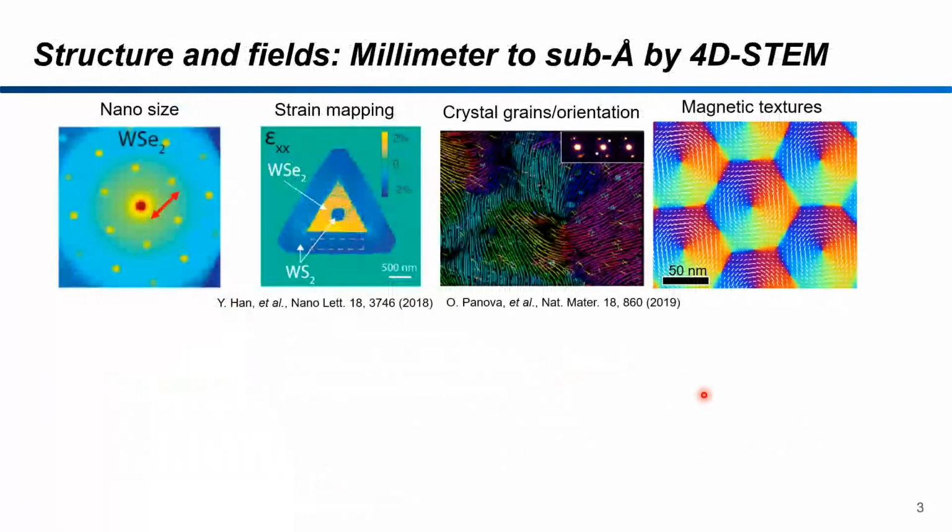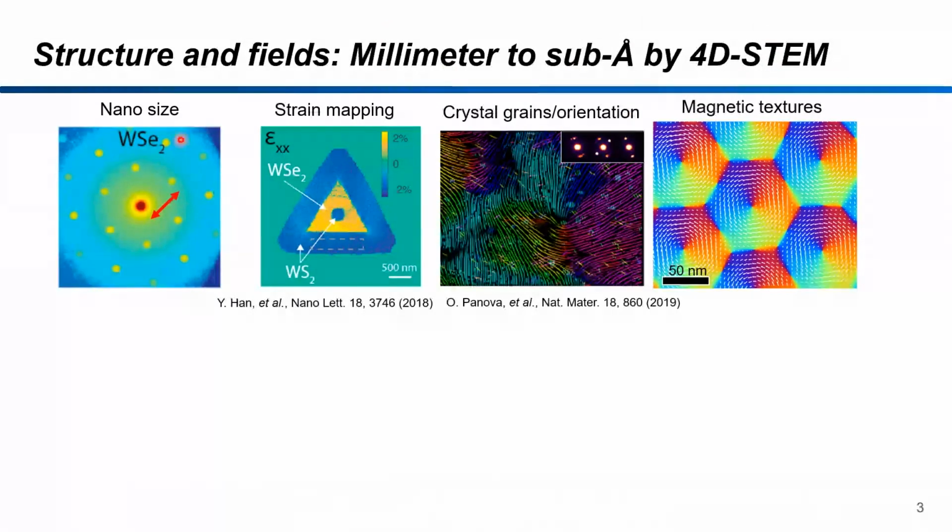So with the development of new detectors and also new algorithms, we can get the structure and electromagnetic field of your sample at large length scales from millimeter to some angstrom scales, using this 4D STEM.